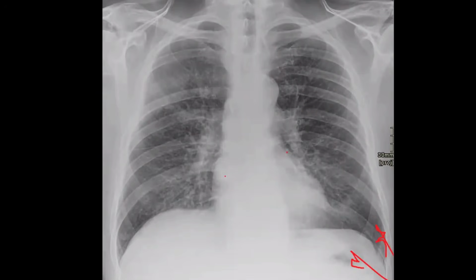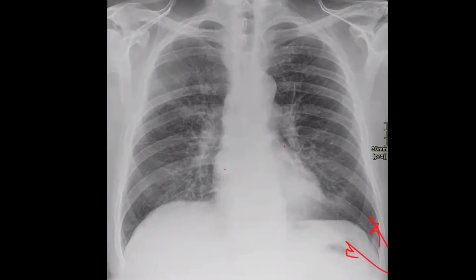I can see that there is an area of opacification in the right upper zone, and there is non-visualization of the first, second, third, fourth and fifth right ribs.